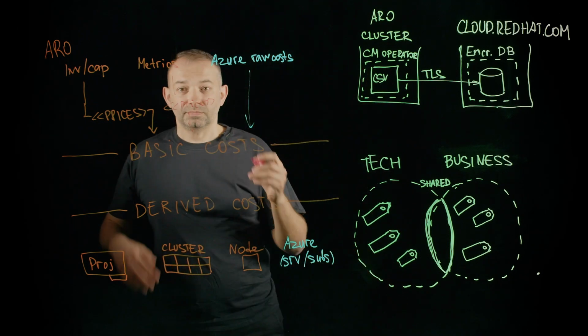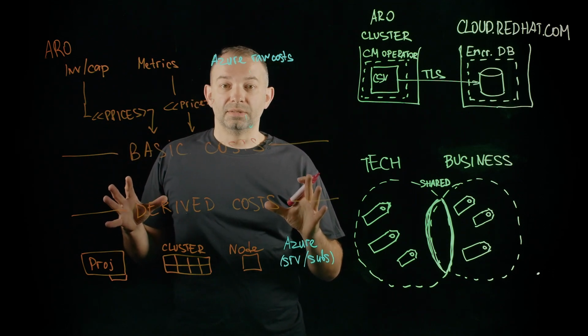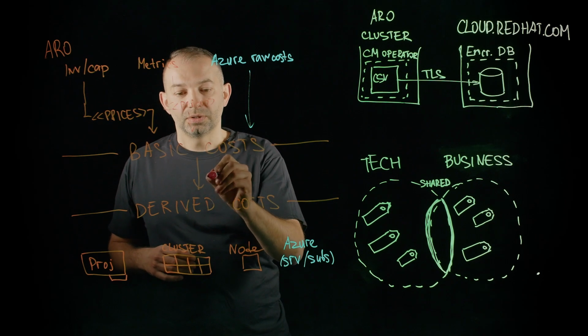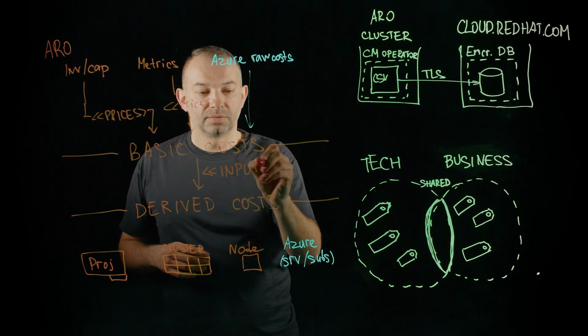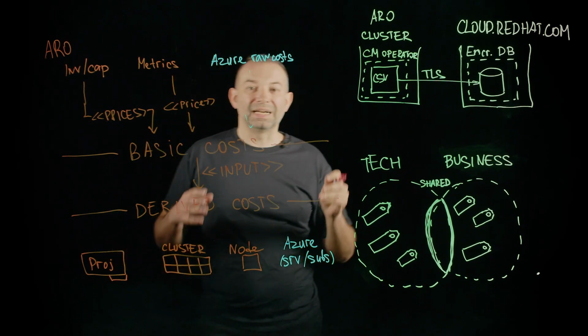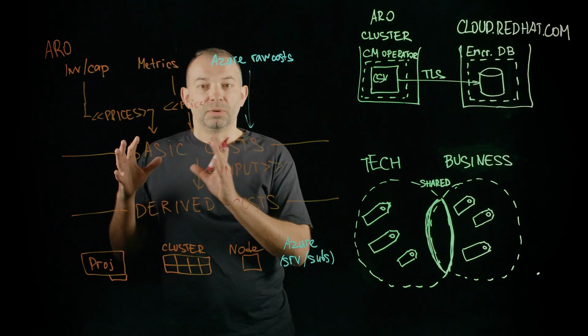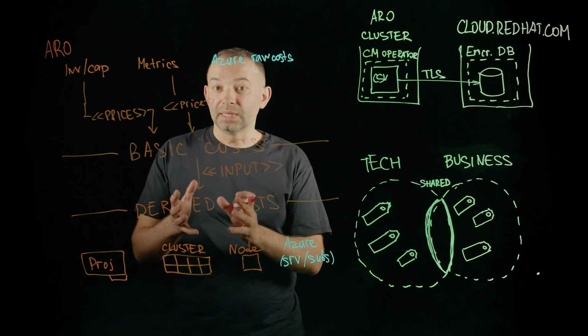So the most interesting part in your cost model is derived costs. As we mentioned, basic costs serve as input into derived costs. Derived costs are an essential part of your cost management, and they could be applied to a project space within an Azure cluster. It could be applied to a whole cluster.